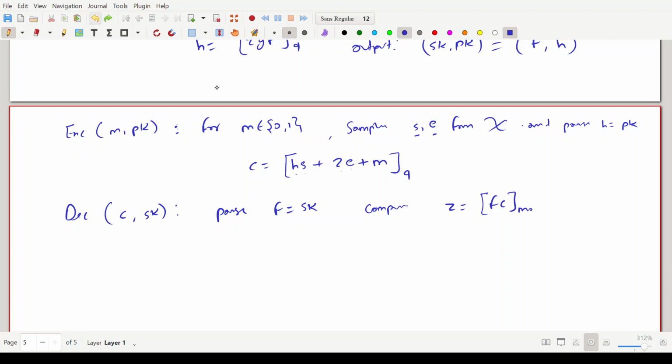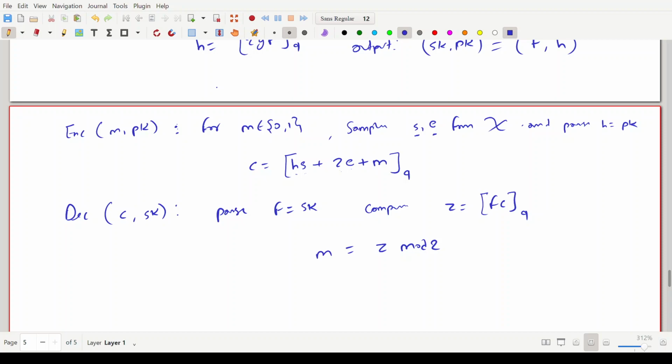Whatever your ciphertext is, multiply your secret key f to it. So you get this z, and then get your message: z modulo 2. I think I had written mu here, so maybe I'll write m. We get back our message m equal to z modulo 2.